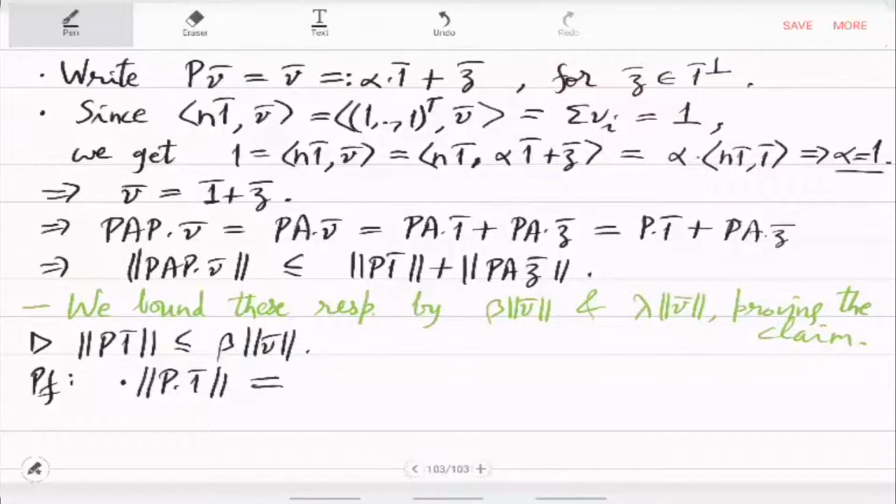So you will get beta n times 1 by n squared, and the square root of that. So this is the square root of beta by n. That's what P1 bar is exactly, the Euclidean norm. But how do I relate it to the length of V bar? That I have to calculate separately.